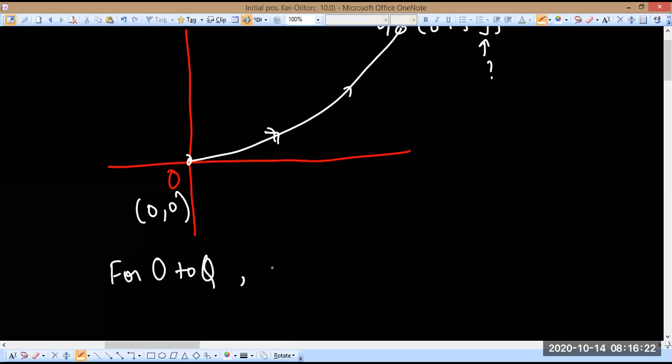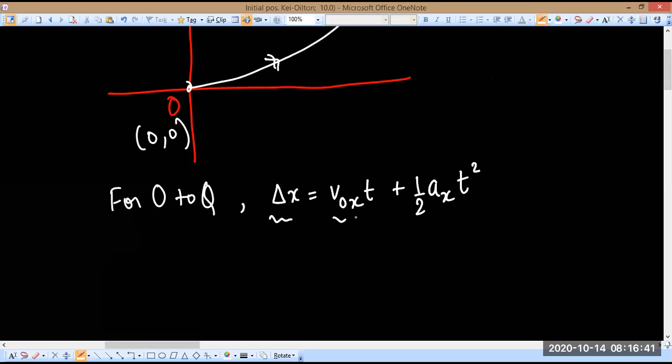We will use the second equation, because we want to find out time. So delta x is equal to v0x t plus half ax t square. Do you still remember the meanings of all these symbols?